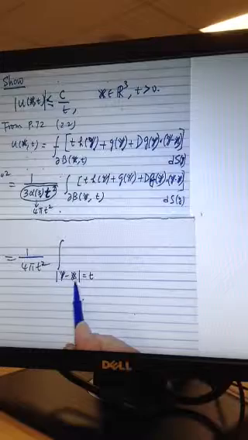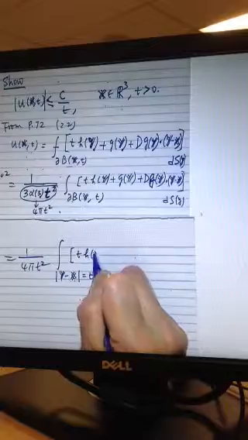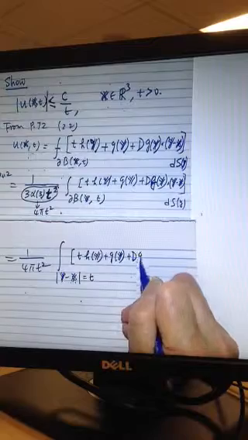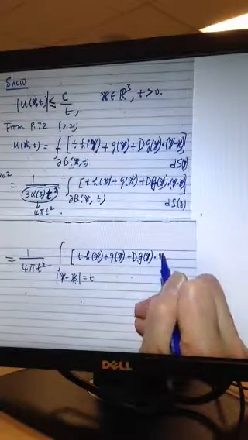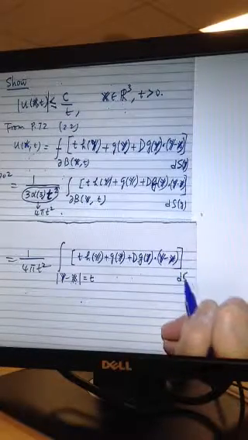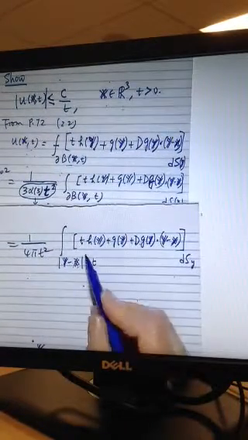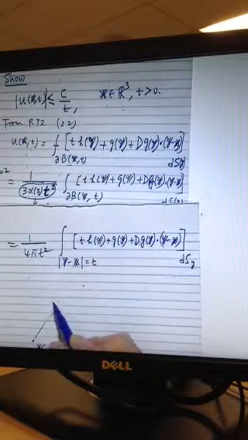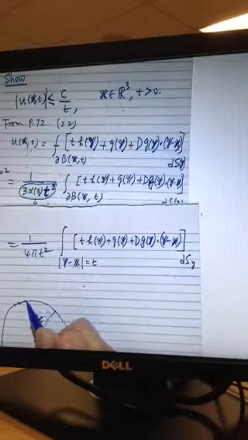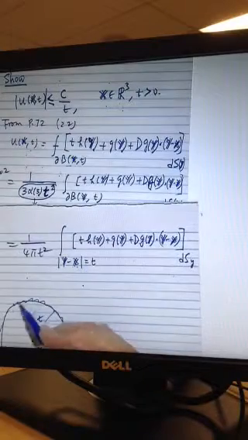So it's t h of y plus g of y plus the gradient of g at y dot y minus x, dS y, integration over the surface. If I have a point x here, then I'm integrating over this surface with radius t, only on the surface.